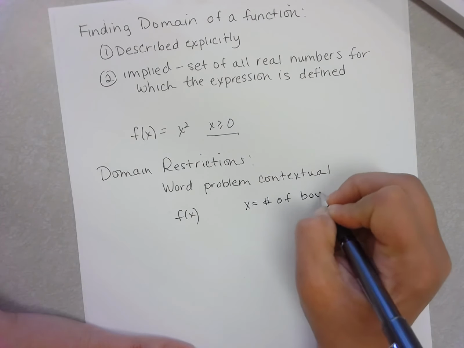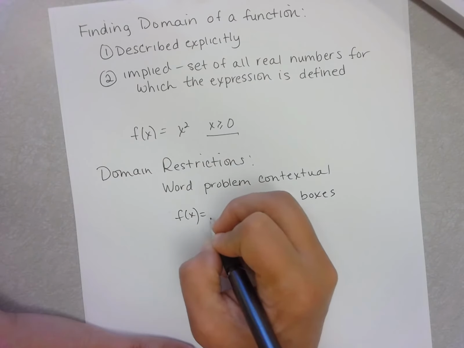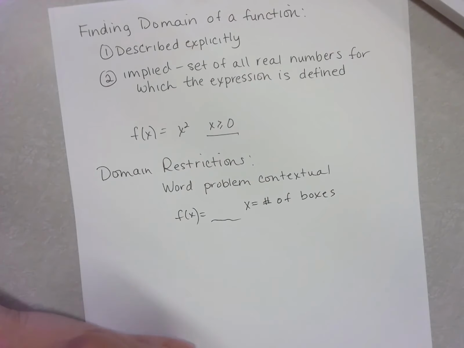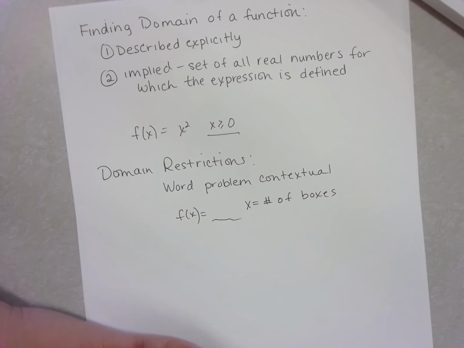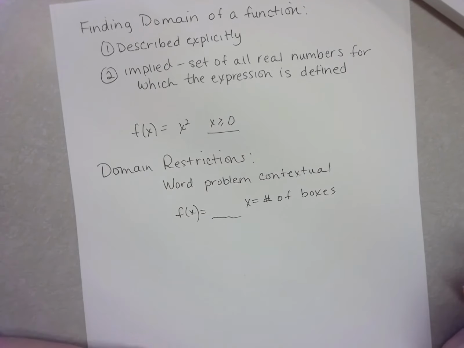It's stated somewhere in the words that x is the number of boxes that are produced. When you think about a manufacturing company producing boxes, it only makes sense that it would be a positive number of boxes, right? I've never heard of anybody say, well, I'm going to go make -3 boxes. So this is a contextual issue based upon the context of the problem.